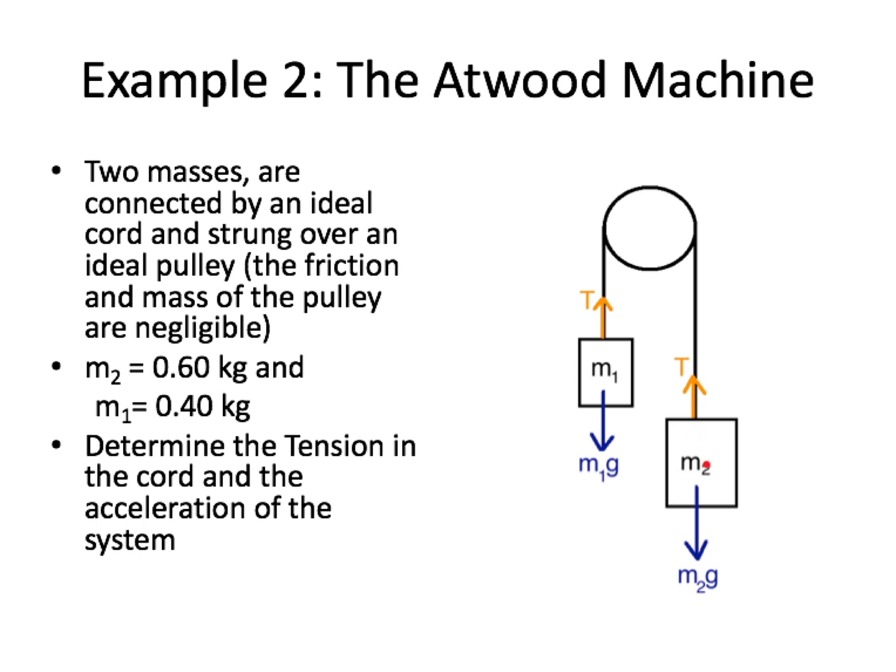So I've got these two masses, M2 and M1, and they're connected by a cord, and that cord is draped over this pulley. Now, to make our life simple, we're going to assume that the pulley is fixed in that there's basically no friction between the cord and the pulley. And we're going to also assume that this cord has a negligible mass.